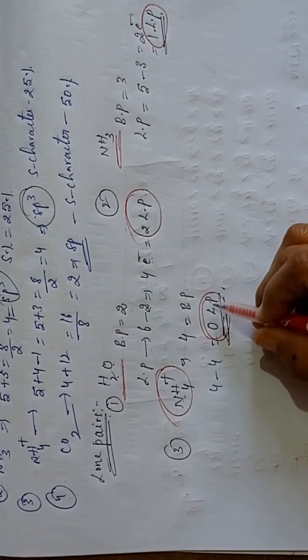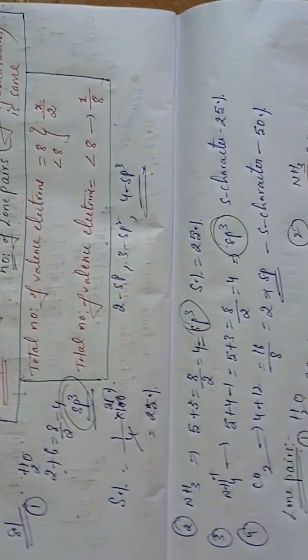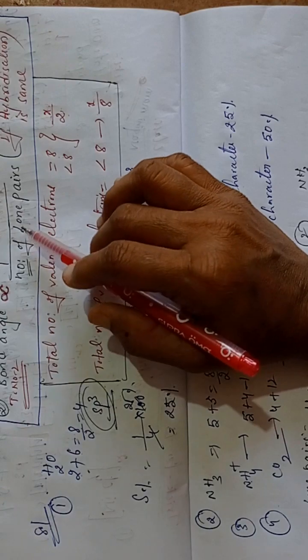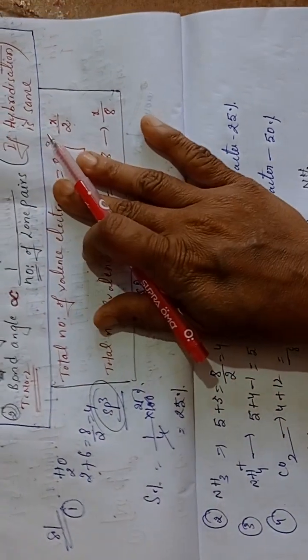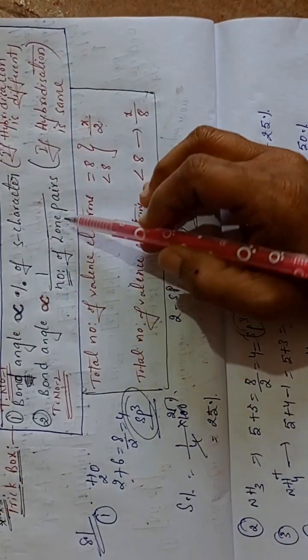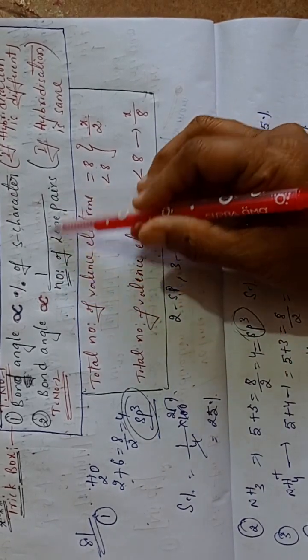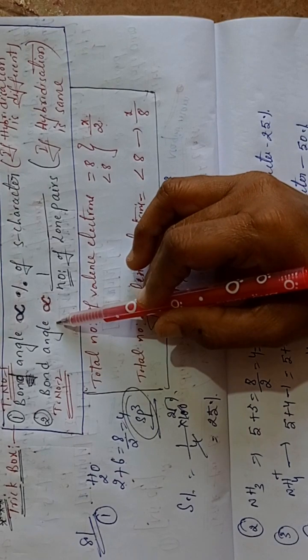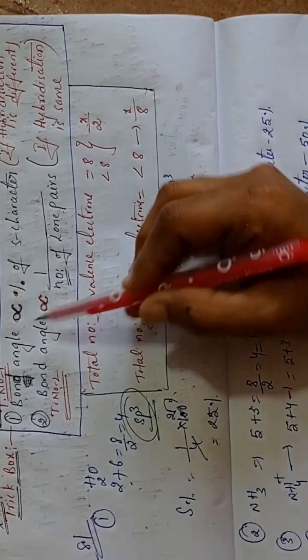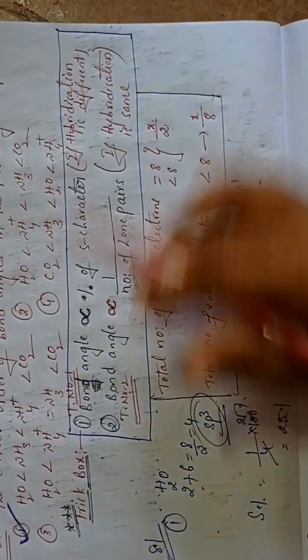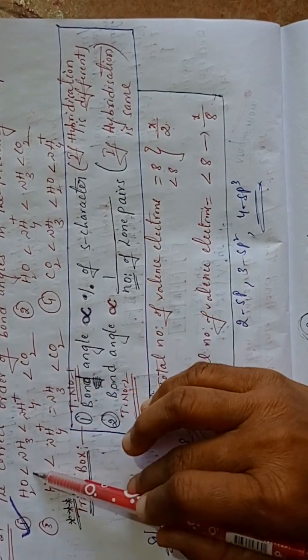Okay? So what is trick number 2, students? Bond angle is directly proportional to 1 by number of lone pairs, or we can also say inversely proportional. That means if the number of lone pairs is more, bond angle is less. Are you clear? So in which order is it asking, students? Increasing order is asked.